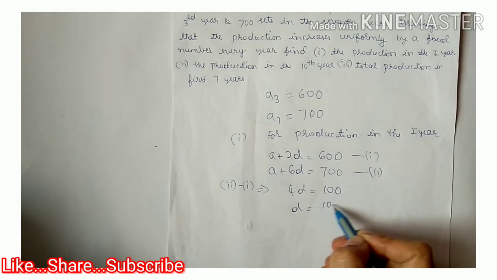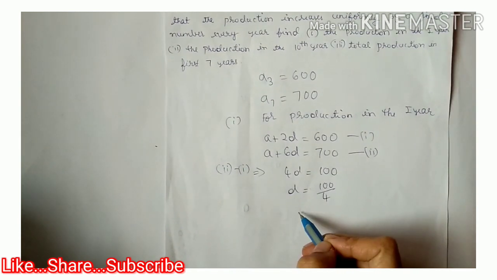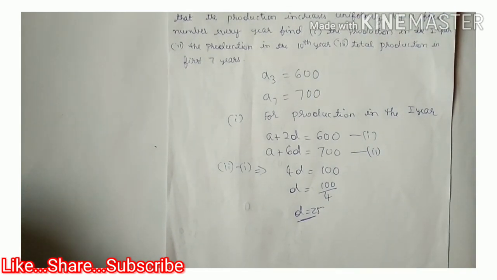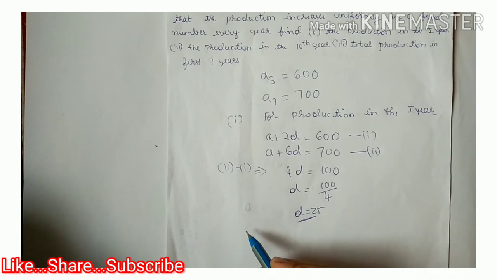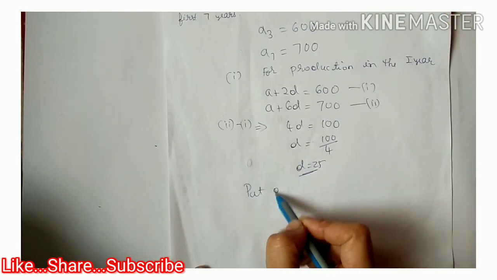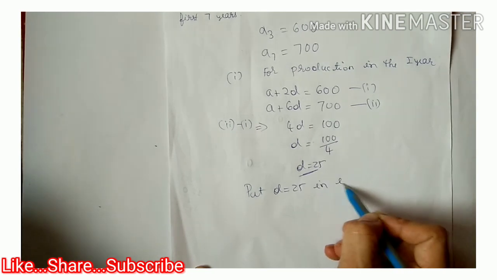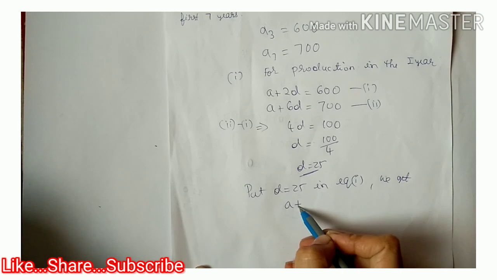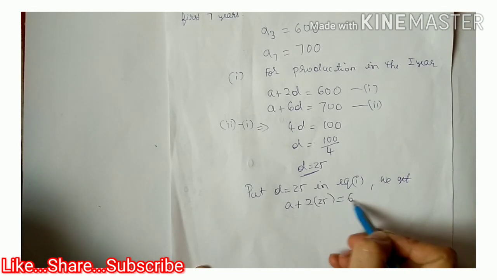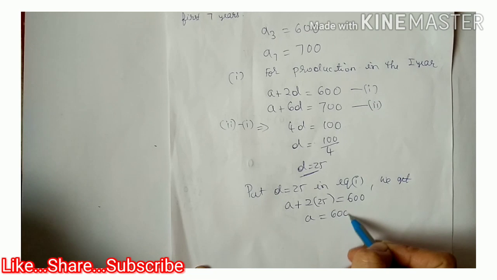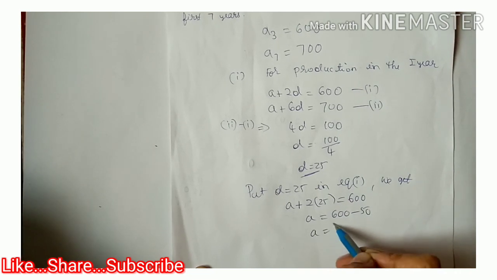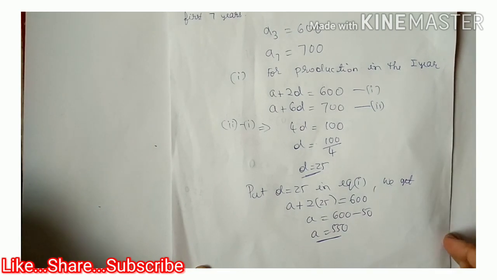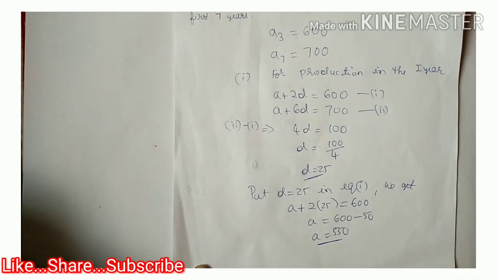D is equal to 100 by 4, D is equal to 25. Put D is equal to 25 in equation 1. We get A plus 2 into 25 is equal to 600. A is equal to 600 minus 50, A is equal to 550. Therefore, the production of TV sets in the first year is 550.